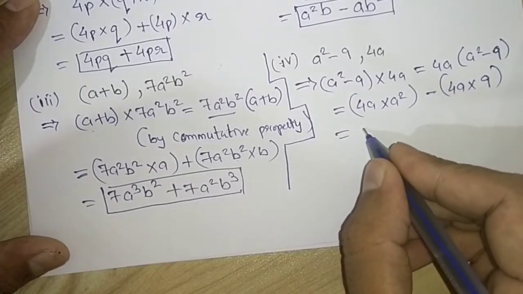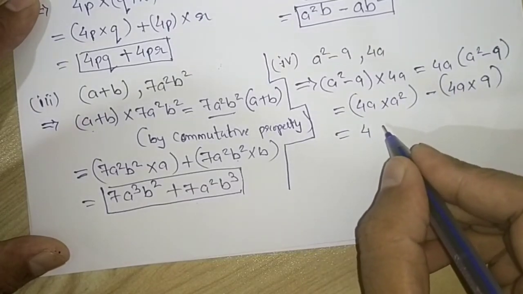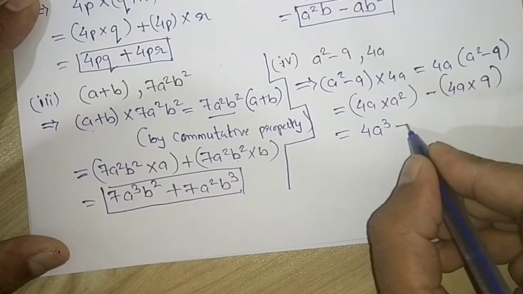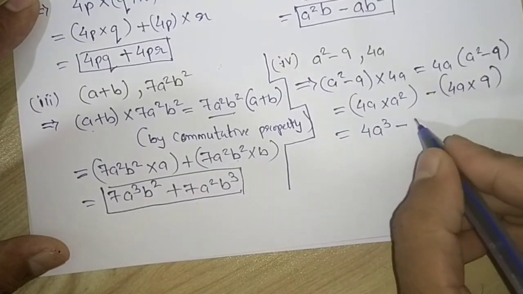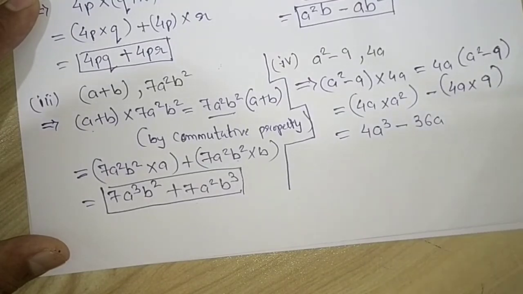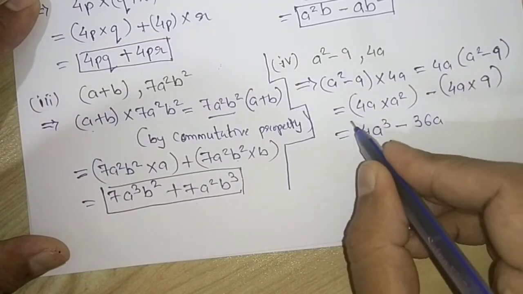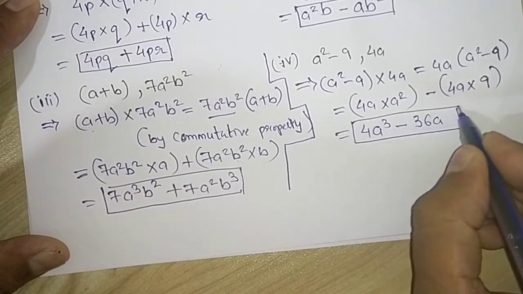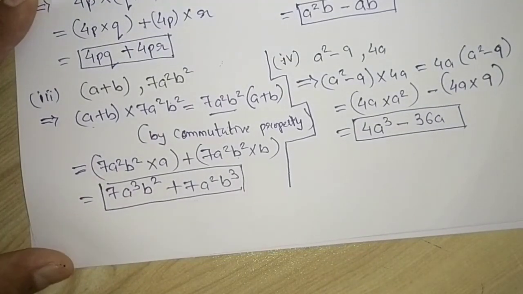So it will give me 4 into a cube minus 9 fours are 36 into a. This will be our final answer because they are unlike terms.